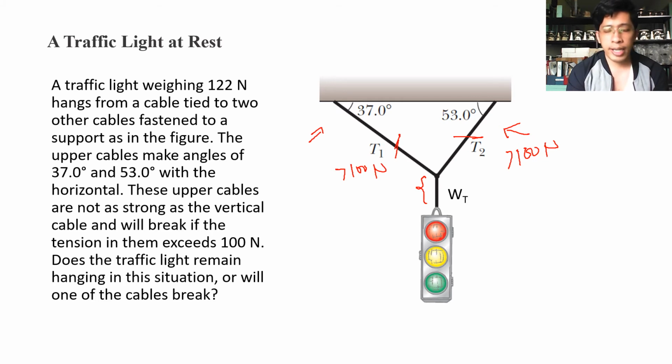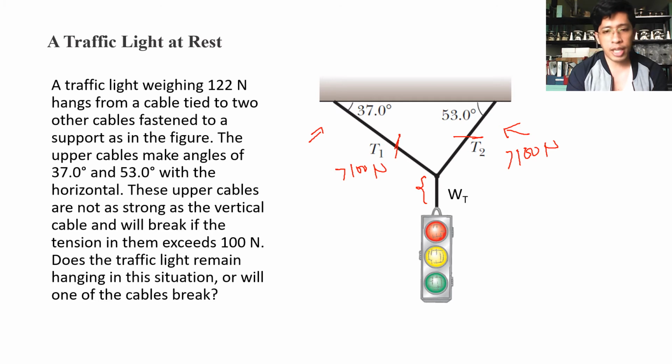The question here is, does the traffic light remain hanging in this situation, or will one of the cables break? We are asked to find the tension in each of the upper cables. The tension in either cable 1 or cable 2 must be less than 100 newtons so that the cables will not break.